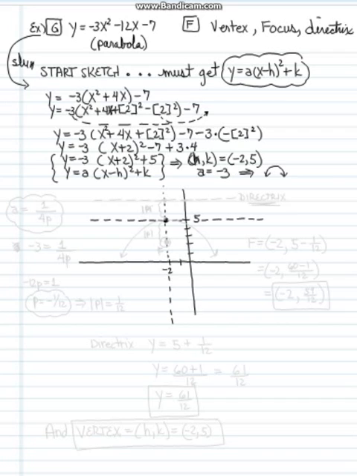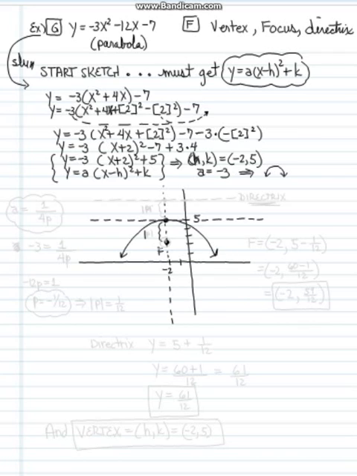The next thing we can do is locate the focus and directrix. This is a really rough sketch. What I know is that it's going down like this somehow. And that means that the focus F lives somewhere down here. And that distance right there is something that we know.